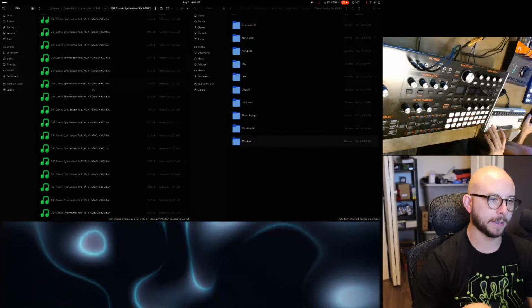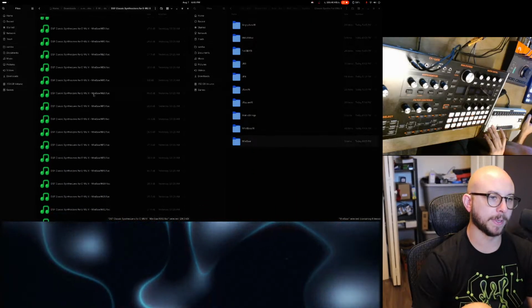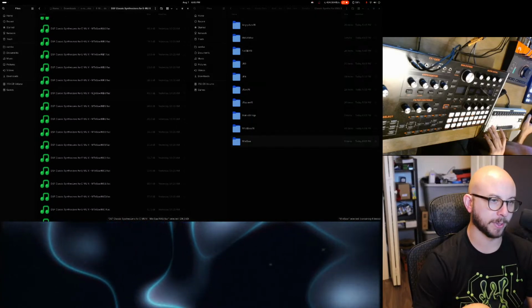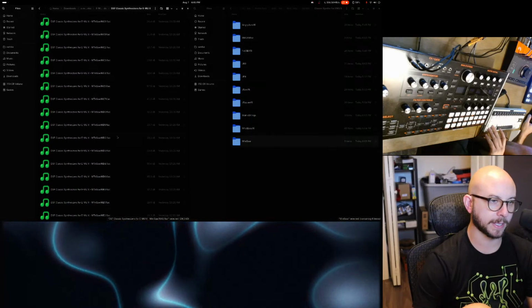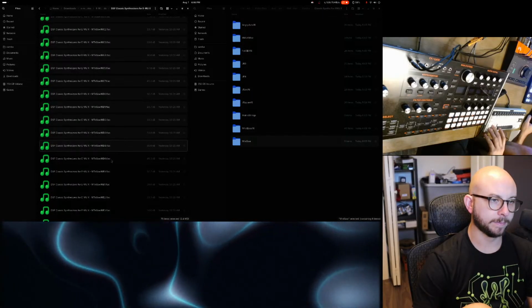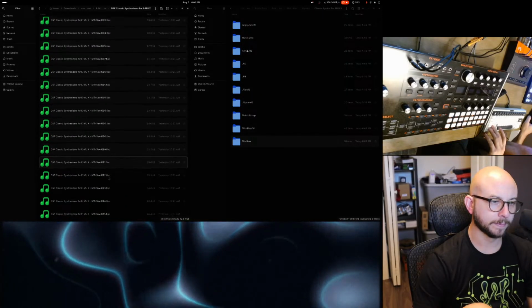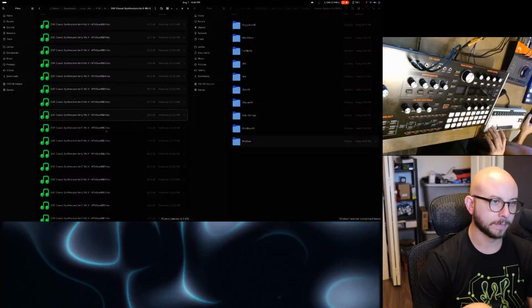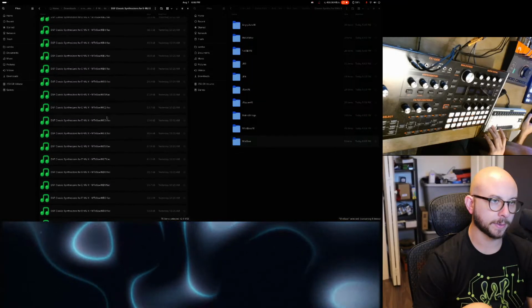So it looks like back in the day, Emu sampled other instruments for their sampler instrument, which I find kind of interesting. Oh, those are tri-saws. Oops.